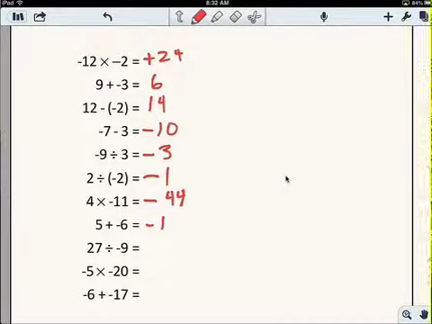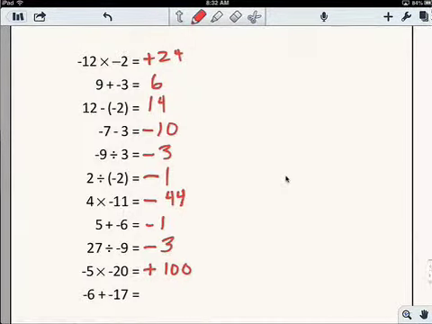It's a positive divided by a negative, so the answer is going to be negative. 27 divided by 9 is 3. -5 times -20. It's a negative times a negative, so the answer is going to be positive. 5 times 20 is 100.